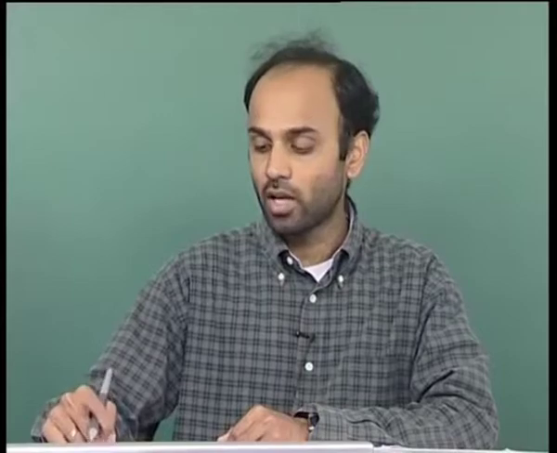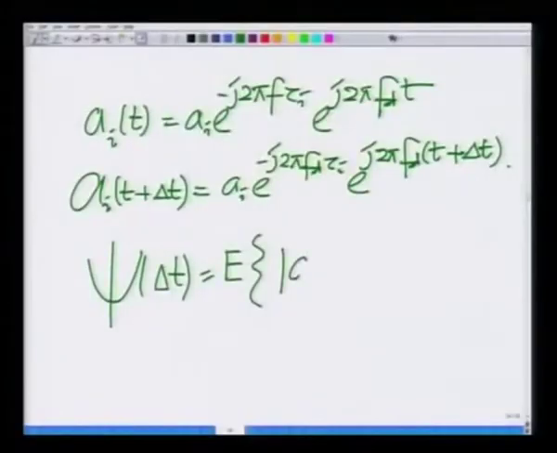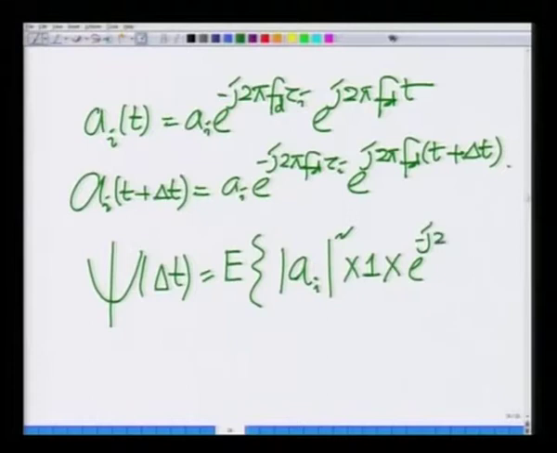If I take this product of a_i and a_i conjugate, that gives me magnitude a_i squared, the phase terms e^(-j2πfτ_i) and its conjugate multiply to give 1, and e^(j2πf_d t) times e^(-j2πf_d (t plus delta t)) gives e^(-j2πf_d delta t).